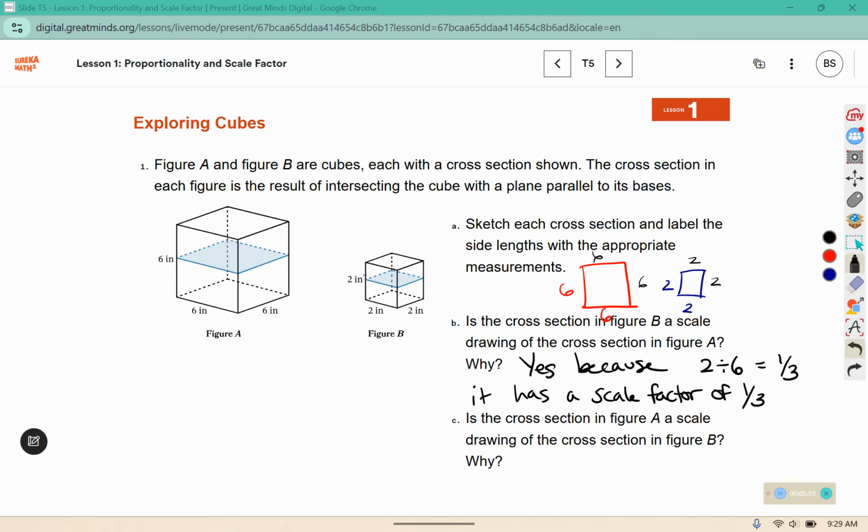Is the cross-section in figure A a scale drawing of the cross-section in figure B? Why? So now we're starting with figure B as the original and figure A as the new. So we're going to go the other way.